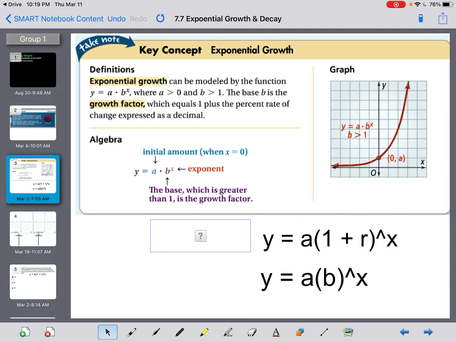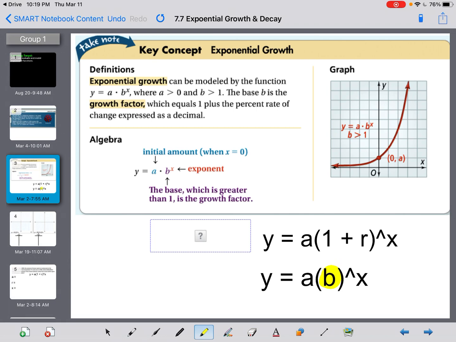exponential rate. So b, our base here, is called the growth factor, which means that we have to have 1 plus however much change, whatever percent of change expressed as a decimal. The 1 is the 100% plus whatever percent it's growing on top of that.